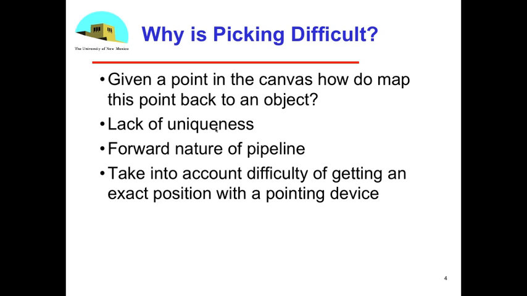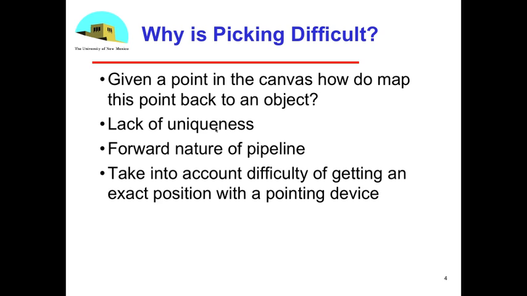But the problem is it's not tied very well to the forward nature of a pipeline. We're putting in vertices and getting things flying through that pipeline and displaying at very high rates. To go backwards, which is a mathematical operation, can take a lot of time and just doesn't fit into that hardware architecture. So we need to take that into account.